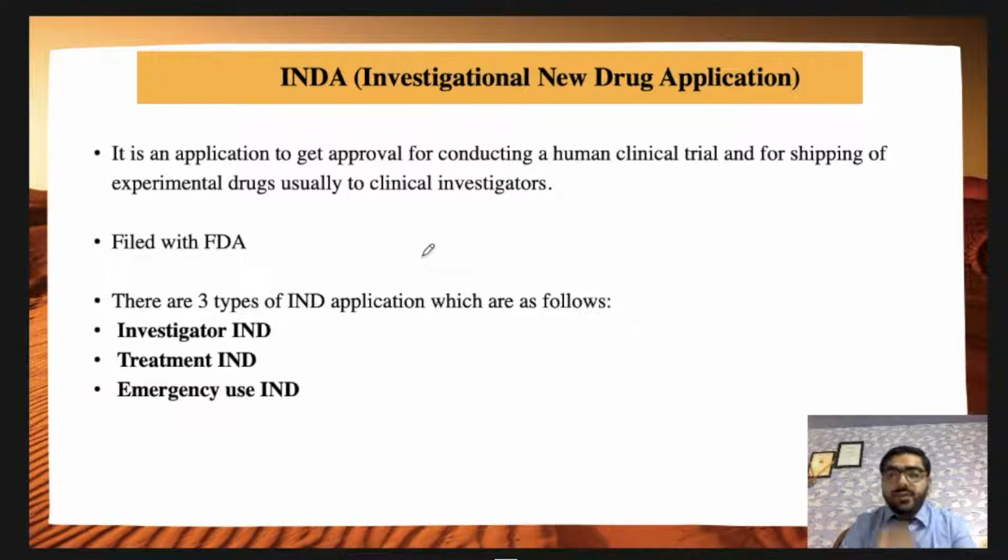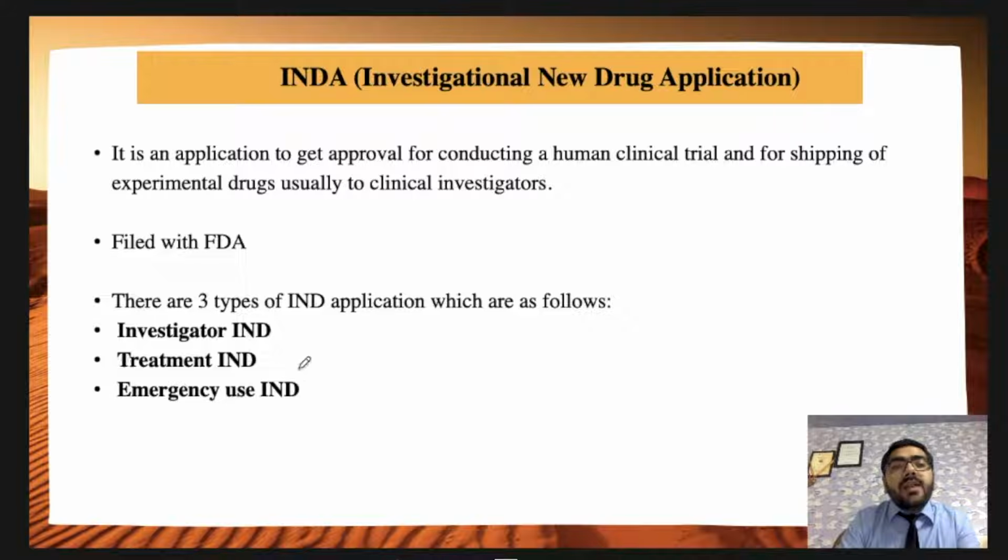There are three types of IND applications. The first is investigator IND, the second is treatment IND, and the third is emergency use IND. Investigator IND is submitted by a physician who initiates and conducts the investigational study of that experimental drug.